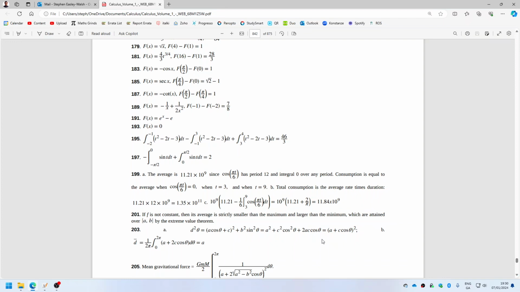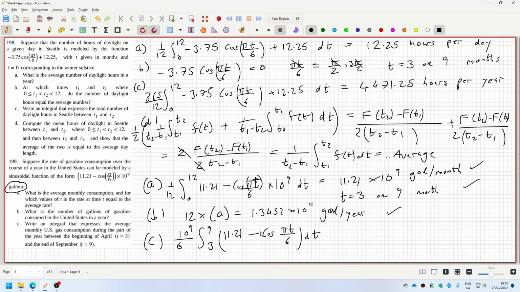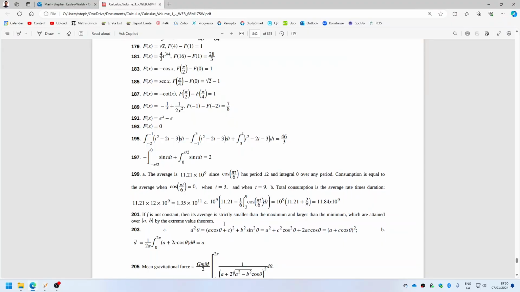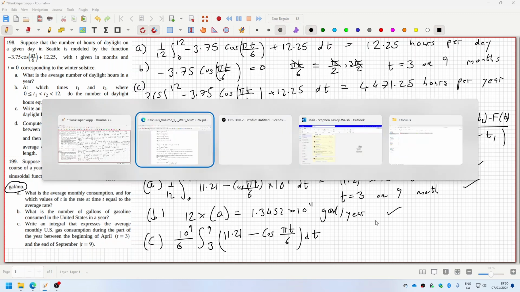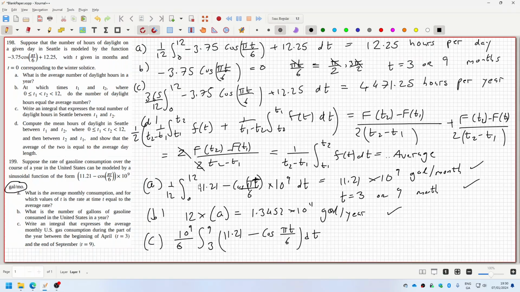Oh, they actually calculated it here. Yeah, you can integrate these separately, and this can get pulled out and multiplied by 6 divided by 6. So that makes sense there.